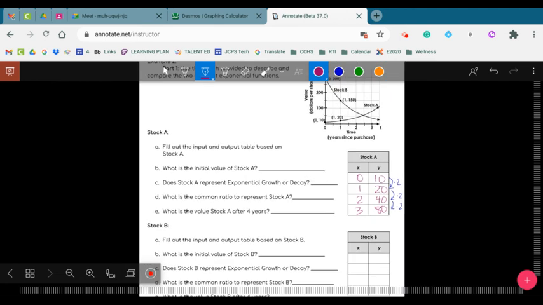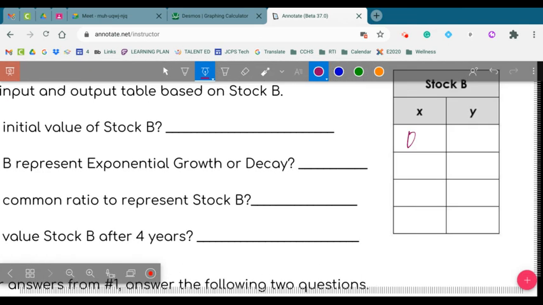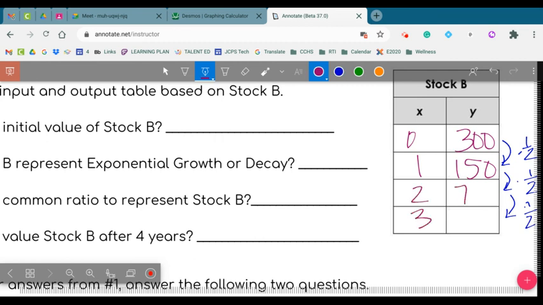And then stock B, it looks like we have 0, 300. 1, 150. So it looks like it was multiplying by 1/2. So half of 150 is 75. Half of 75 is 37.5.